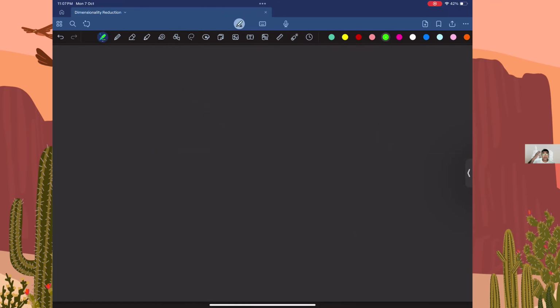Let's say this is my A1, this is my A2, this is my A3, so on and so forth. This is my AI and this is my AN. Fine. So this may be from any distribution. This is not necessarily a Gaussian distribution.